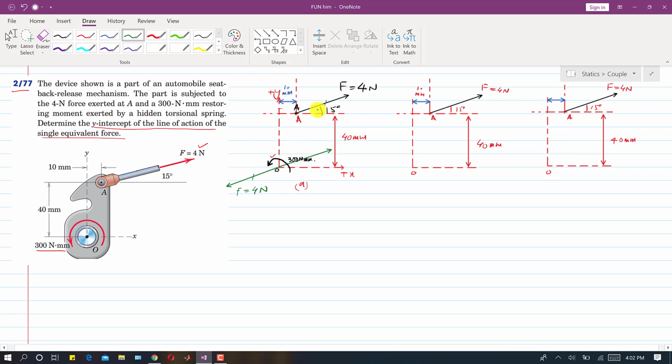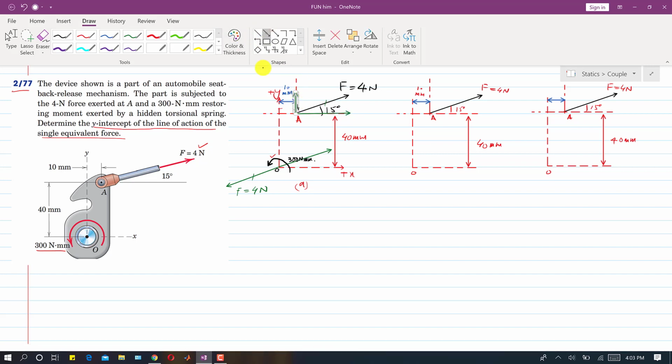Let's suppose I resolve both of these forces. Then this one will be the cos component, and this one will be the sine component.